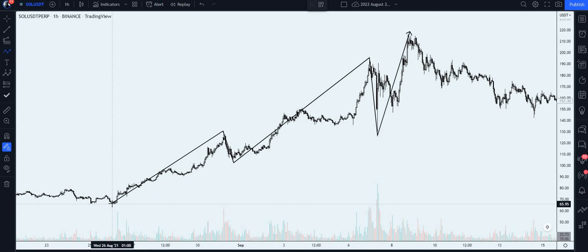And within that, we've got 5 sub-waves, okay? 1, 2, 3, 4, 5. 1, 2, 3, 4, 5, and 1, 2, 3, 4, 5.